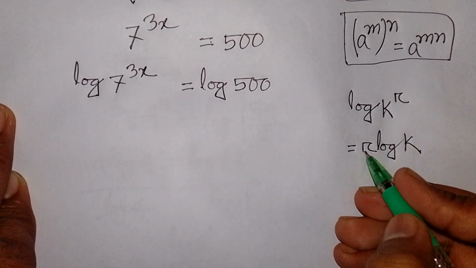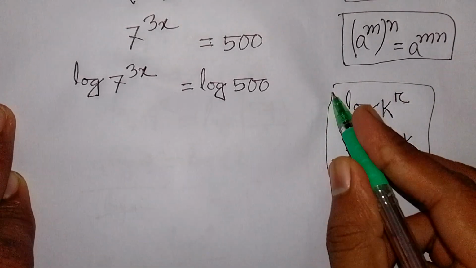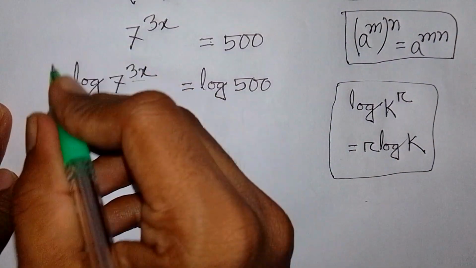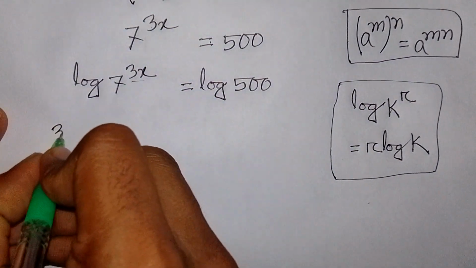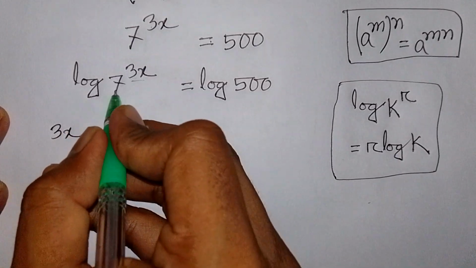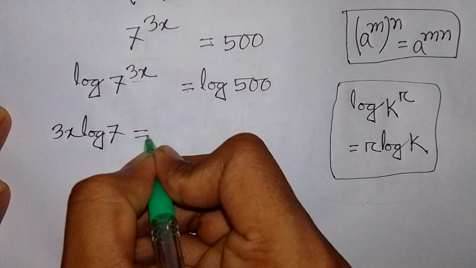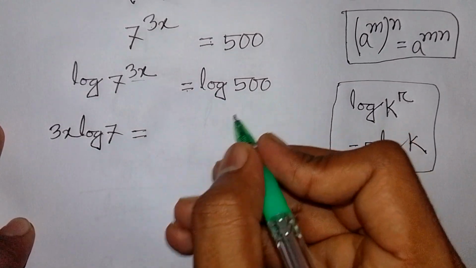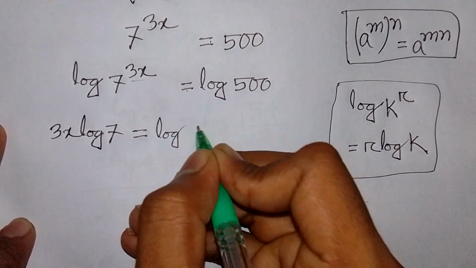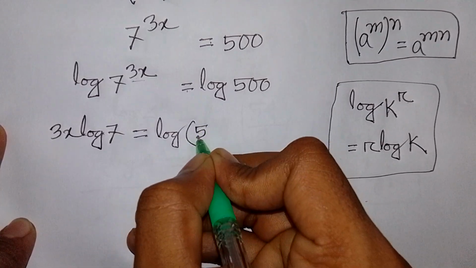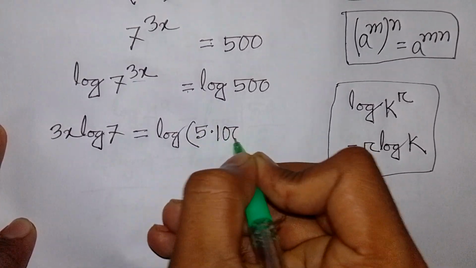This power moves to the front, so the power 3x will move out. So it will be 3x log 7 is equal to log of 500, which can be written as log of 5 times 100.